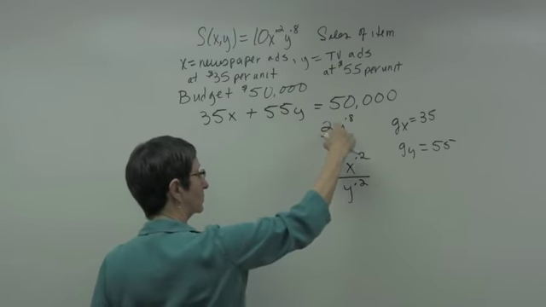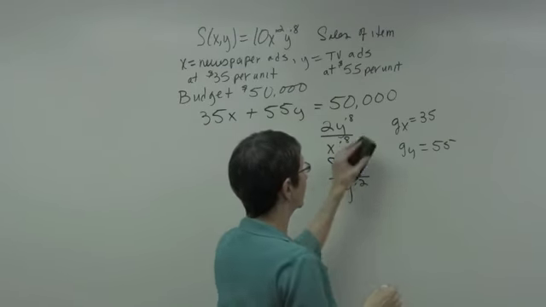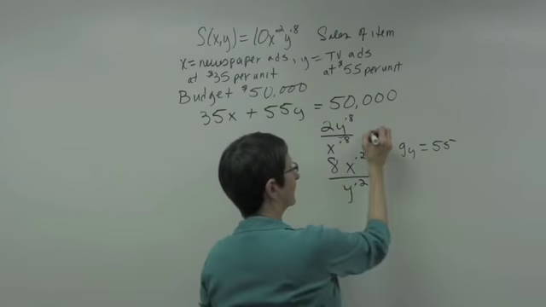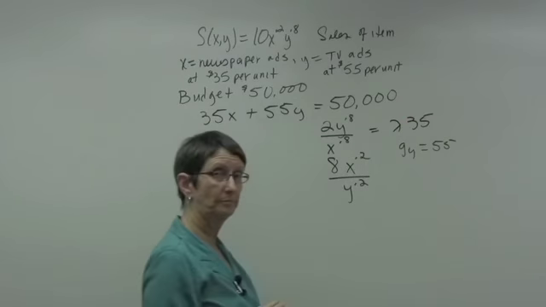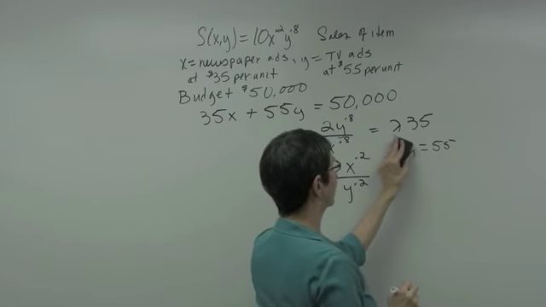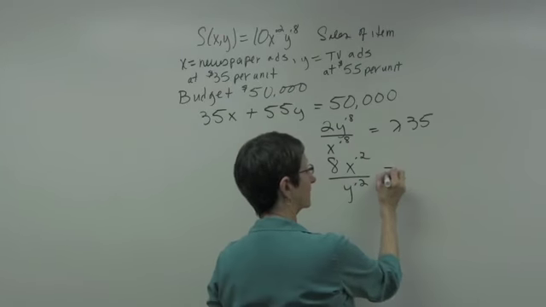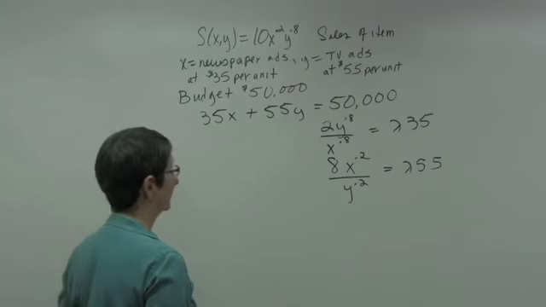So if I take my 2y to the 0.8 over x to the 0.8, this was the partial with respect to x. That will be set equal to lambda times the partial of g with respect to x. This is my partial of f with respect to y. I want to set that equal to lambda times the partial of g with respect to y.